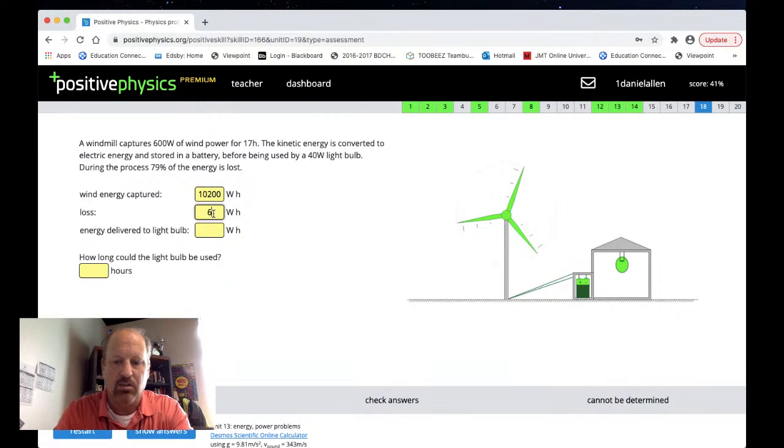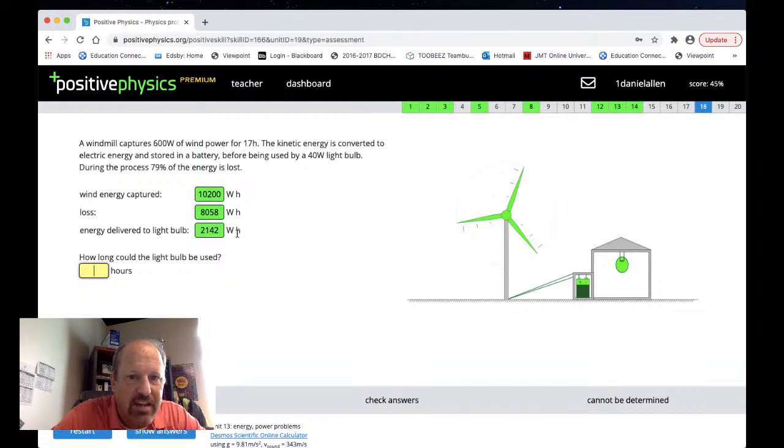We'll double check those answers, make sure we're good. Yeah, that's 79% loss. And then the energy delivered to the light bulb is the difference. And then how long could the light bulb be used? So what you're going to get here is the difference between 10,200 minus 8058, and that's 2142 watt hours.